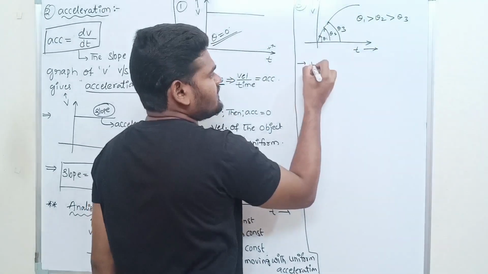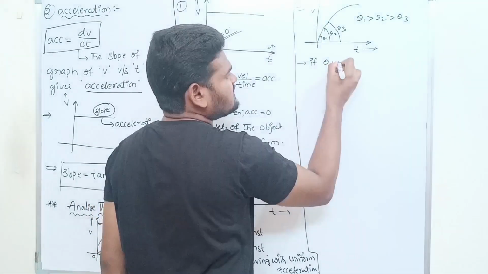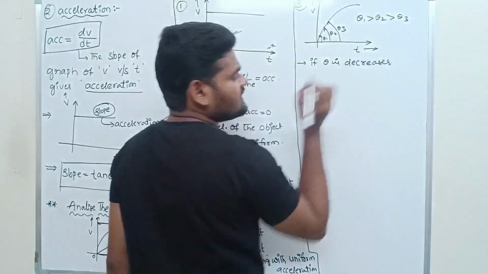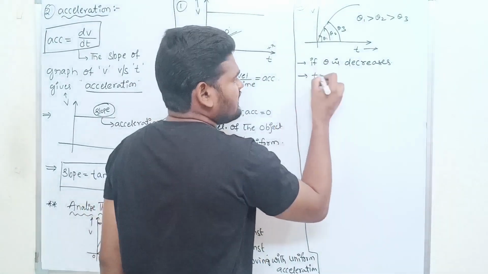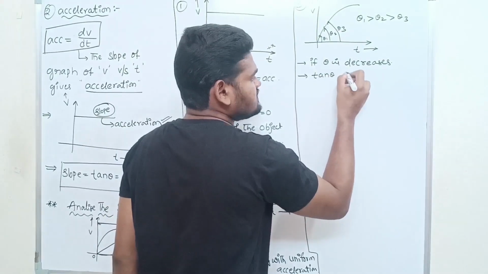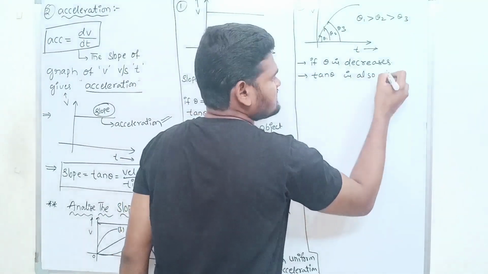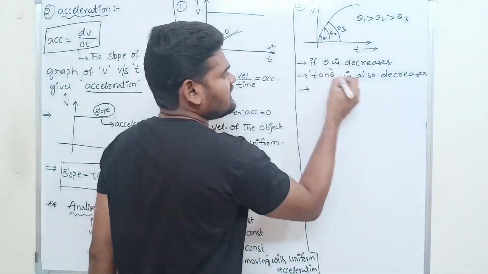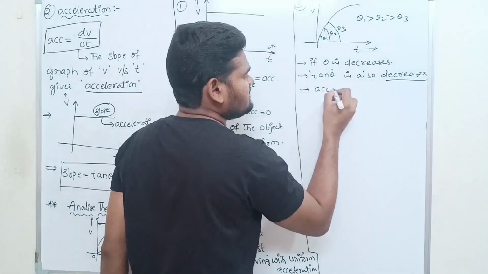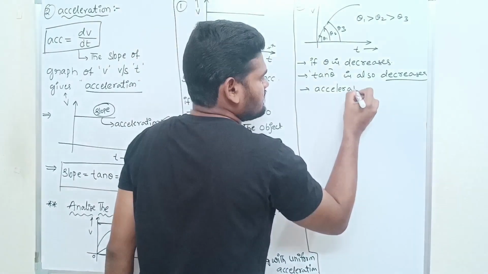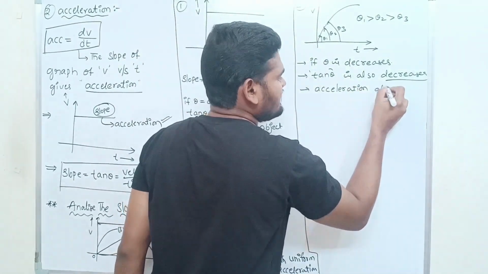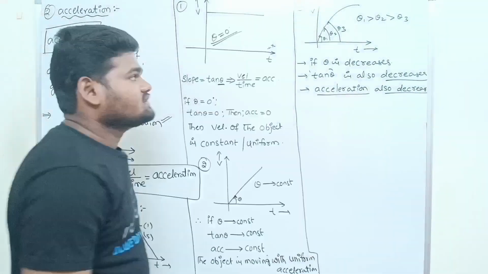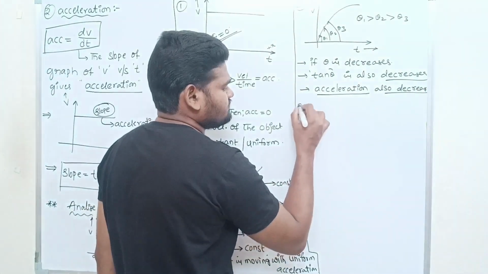If theta decreases, then tan theta also decreases. If tan theta decreases, then acceleration also decreases. So let us see the fourth one.